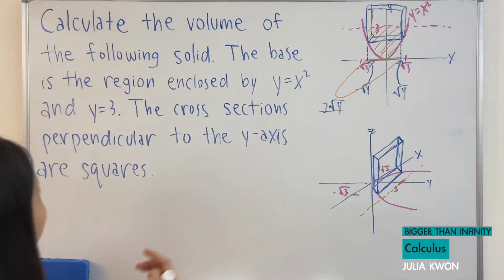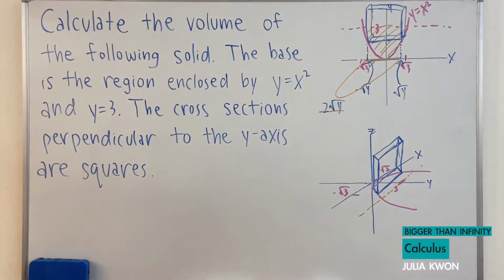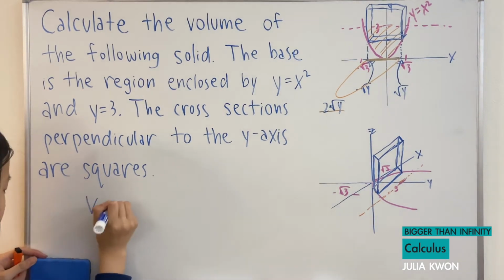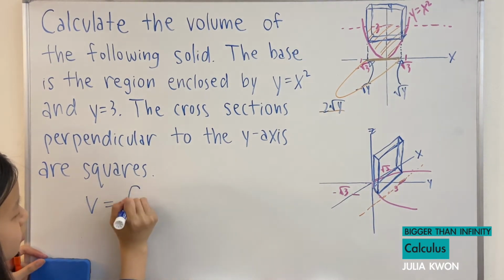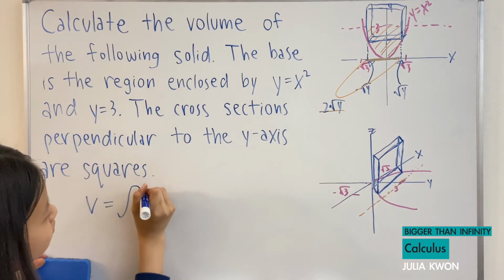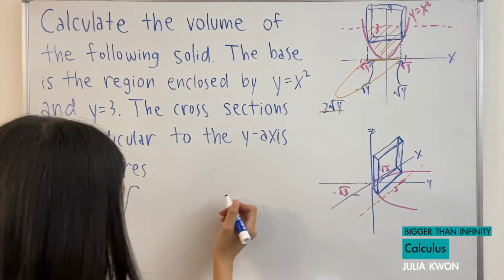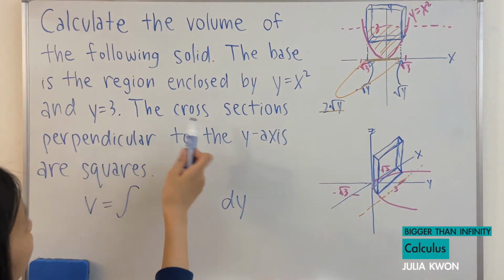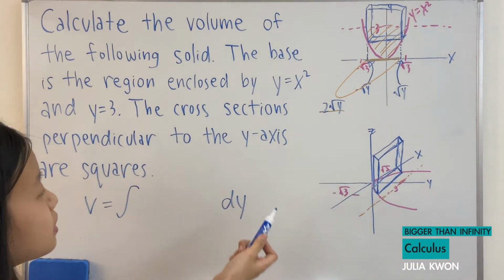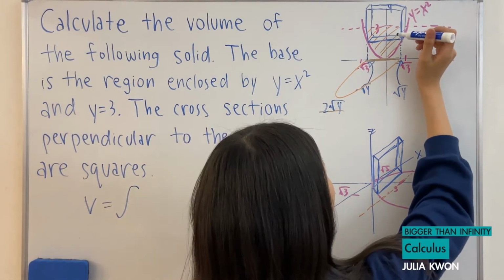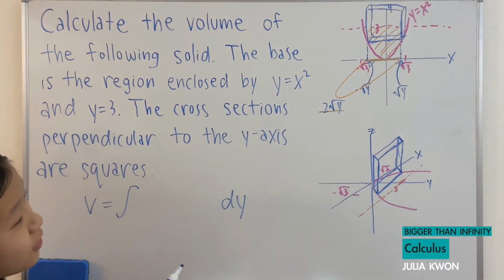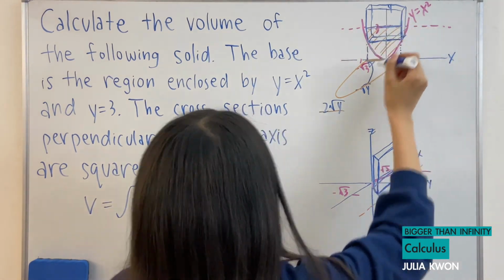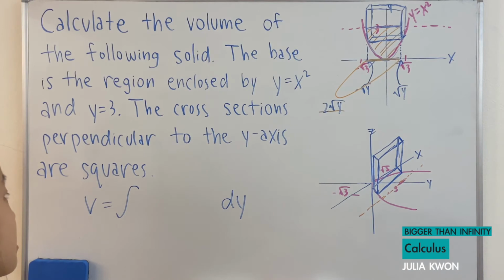What we're actually trying to find is the volume of the solid, and the volume is equal to the integral. We're going to do it in terms of y, so dy, since the cross section is perpendicular to the y-axis. The interval would be from 0 to 3, since that's where the base is enclosed.